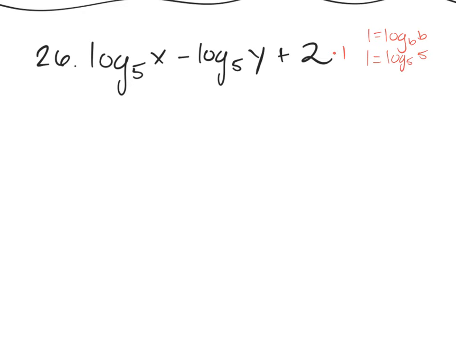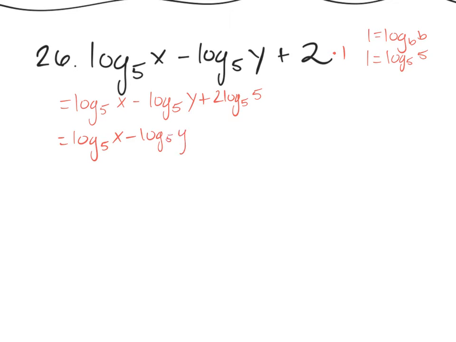We're going to use that fact and plug it in for the 1 next to 2. So you get log base 5 of x minus log base 5 of y plus 2 times log base 5 of 5. From here, I'm going to use the third law of logarithms to bring up that 2 in the third logarithm to make it log base 5 of 5 squared.